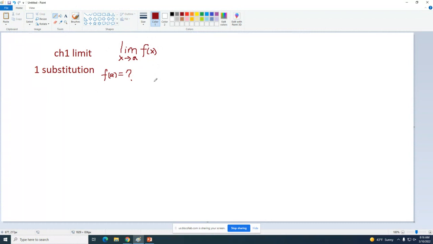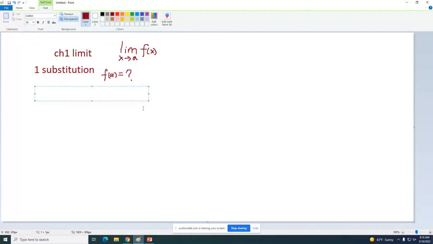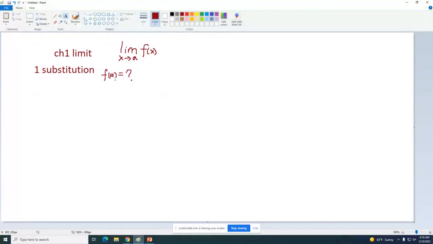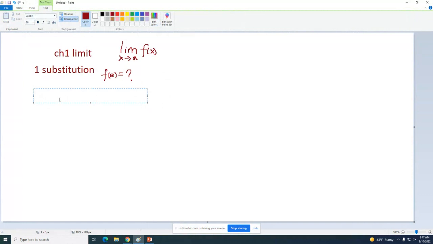Sometimes you put f of a into a calculator and nothing works out, which means substitution will sometimes fail. If f of a does not produce a valid answer, which basically means the function is not continuous there, if f of a does not exist, then we know something is wrong, and a value is causing the function to be undefined. And if this is undefined, we call this situation indeterminate.